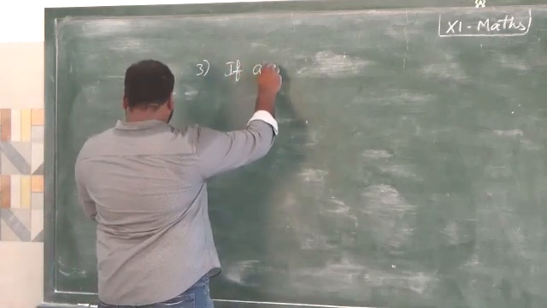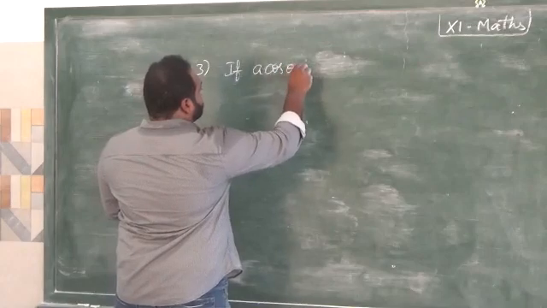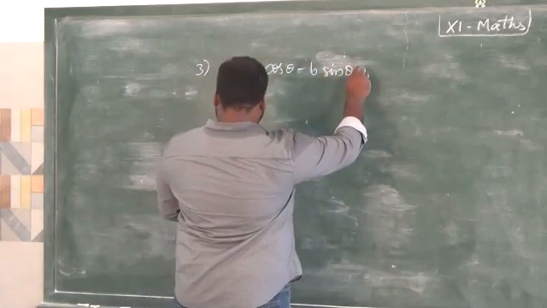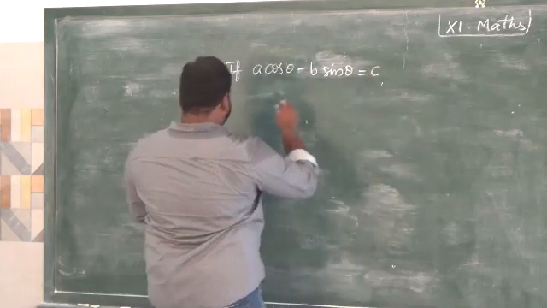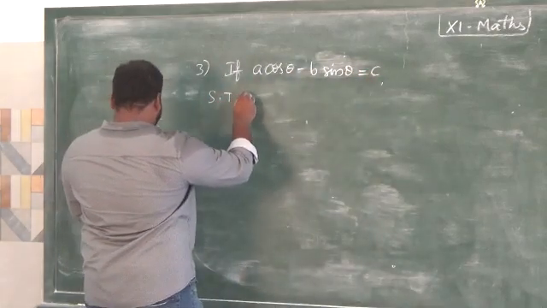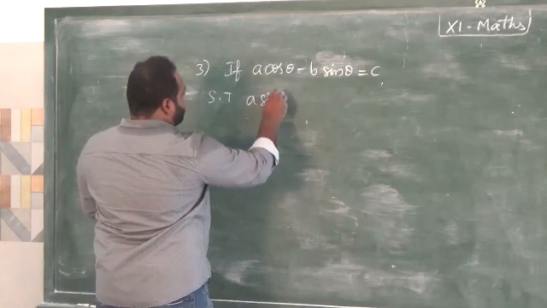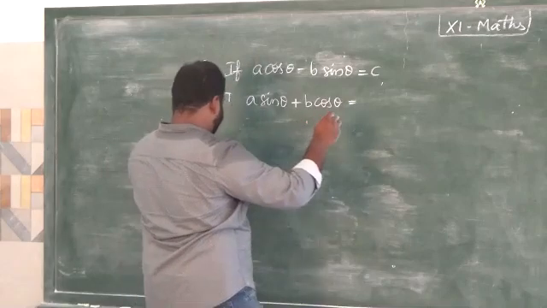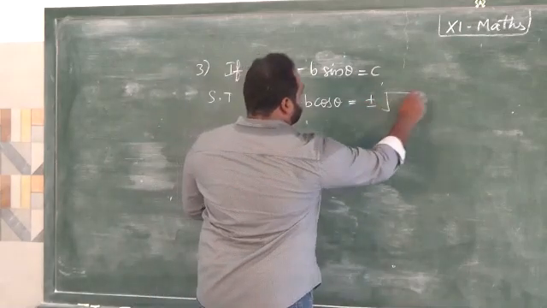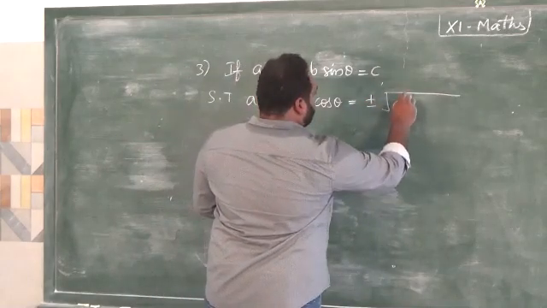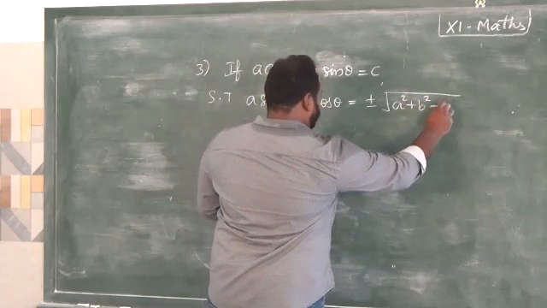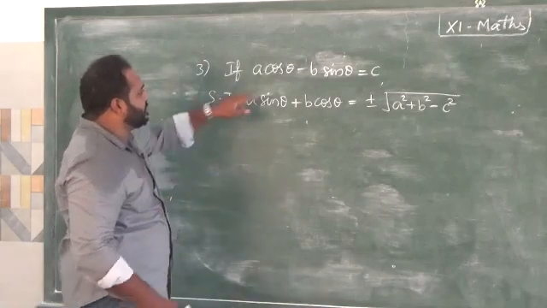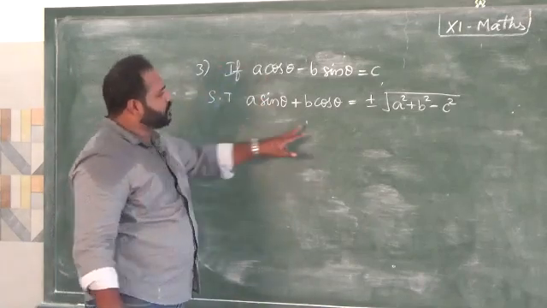If A cos theta minus B sin theta equal to C, show that A sin theta plus B cos theta equal to plus or minus root of A square plus B square minus C square. So using this condition, I am going to prove this statement.